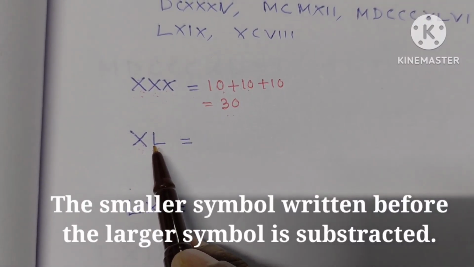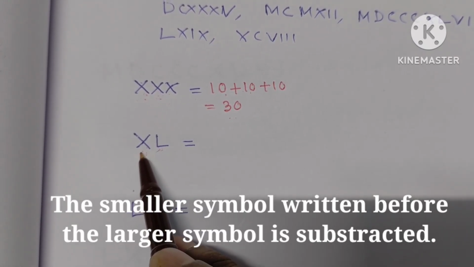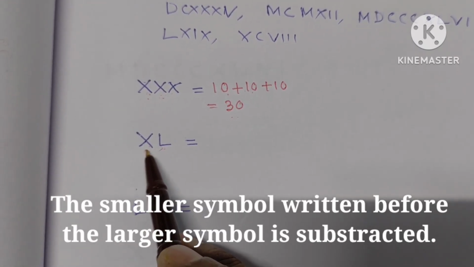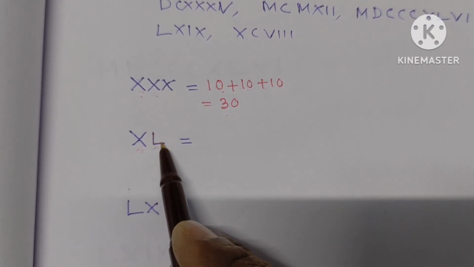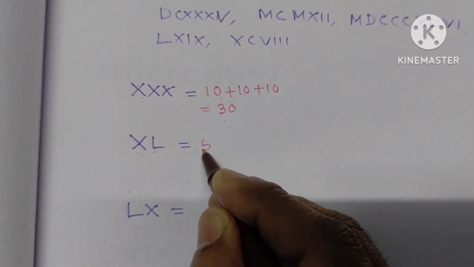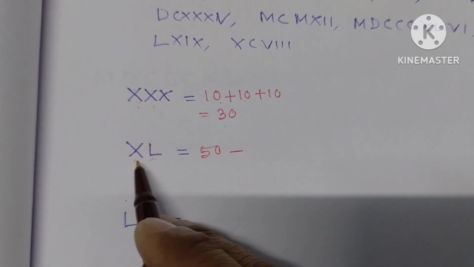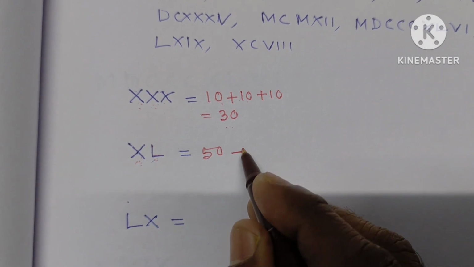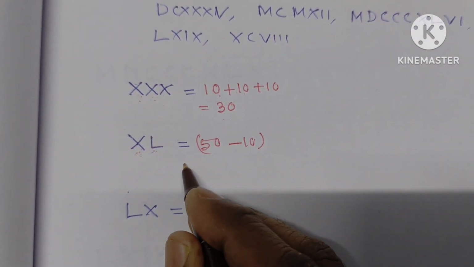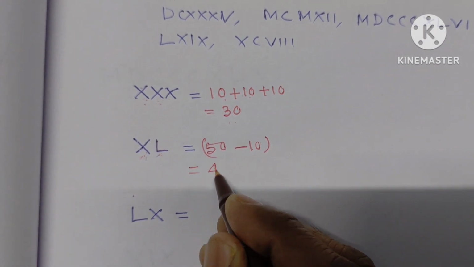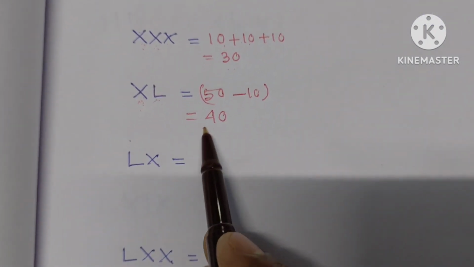L represents 50. We have to subtract X, which represents 10. 50 minus 10 equals 40. XL equals 40.